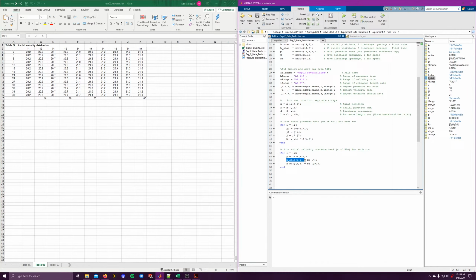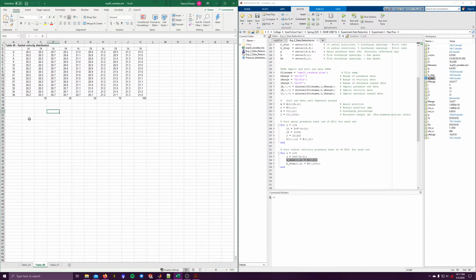So now we have H static pressure equals all of the rows for the first run, and then we're starting in column 2. So now I have that static pressure. For the stagnation pressure, we have all the rows for the first run, and then we're doing that for the column J plus 1.